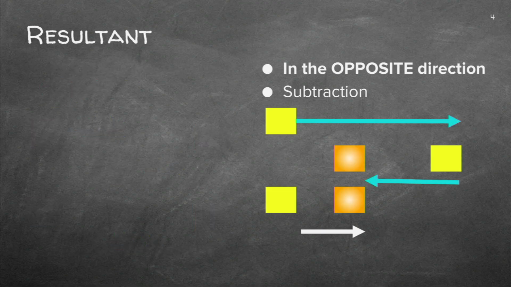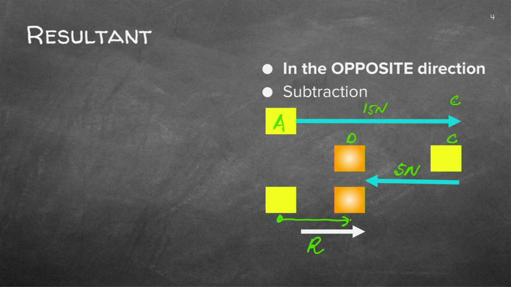What happens if it's in opposite directions? I pull block A to this point C with 15 newtons. I took it from point C to point D with 5 newtons. Well, then you'll see the resultant will be from this point to that point with my arrowhead. That will be my resultant. And can you think what the value will be?